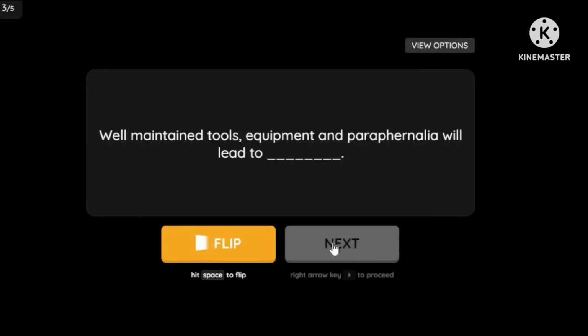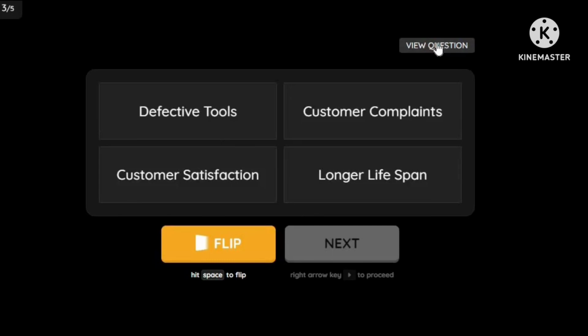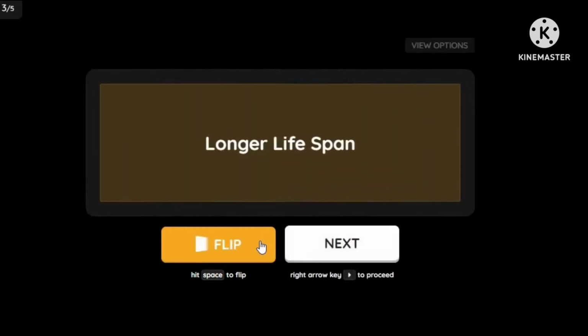Question number 3. Well-maintained tools, equipment, and paraphernalia will lead to defective tools, customer satisfaction, customer complaints, or longer lifespan. The correct answer is, very good, longer lifespan.